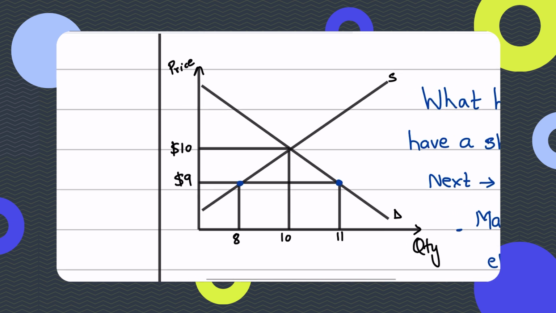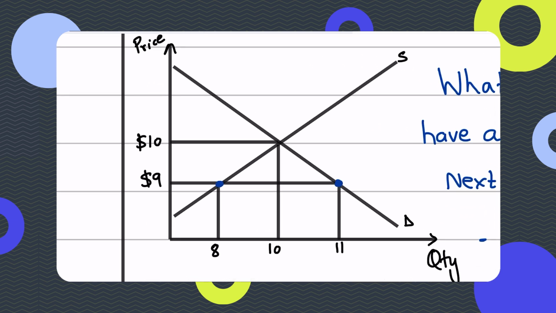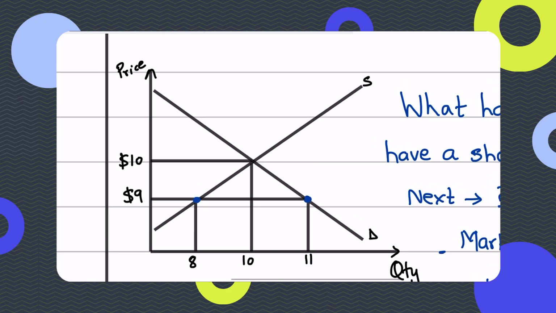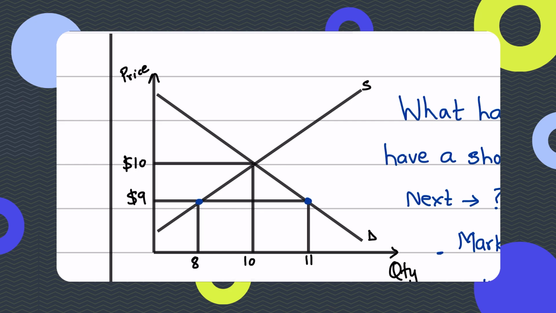You see, at a price of $9, you have 11 units being demanded, but the sellers are only producing and selling 8 units. But the sellers are not stupid. They also notice that at a price of $9, there's more demand but less supply.